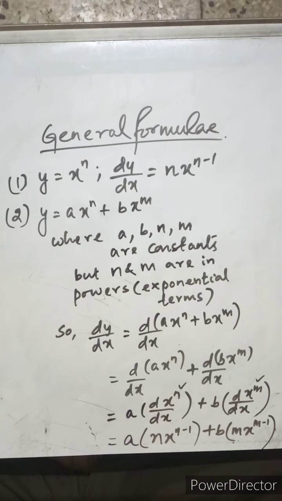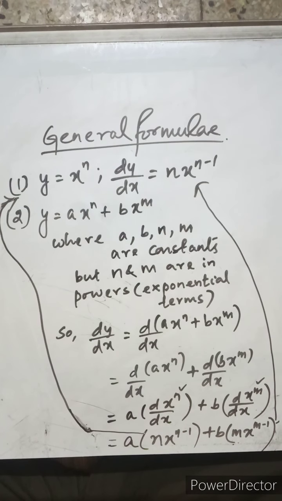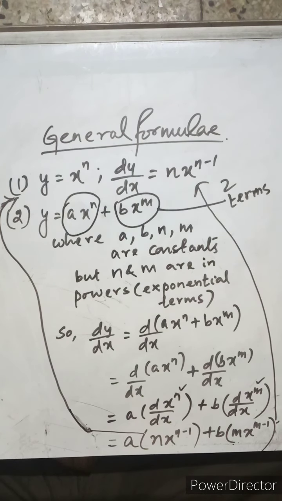So as per the first formula that we had used, a and b remain outside, and the power terms are used like that: a times n x to the power n minus 1, and b multiplied with m x to the power m minus 1. So there are two terms over here.